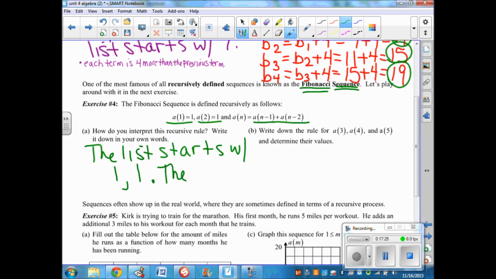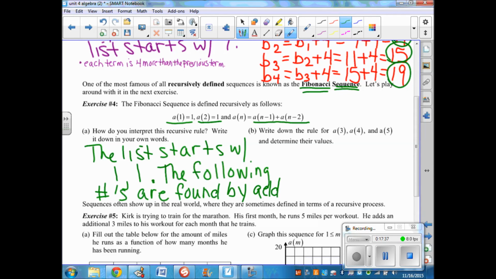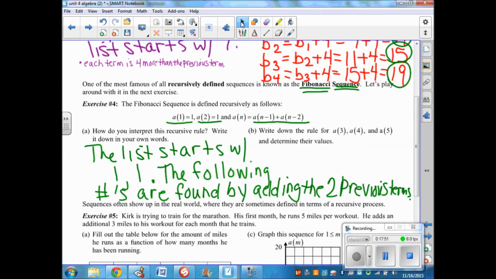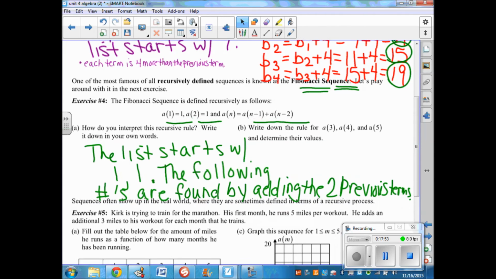So the following numbers are found by adding the 2 previous terms together. Mind-blowing, I know, but it's not bad. You'll see. Watch, when we start to write things down, you'll see the pattern in it. Awesome.